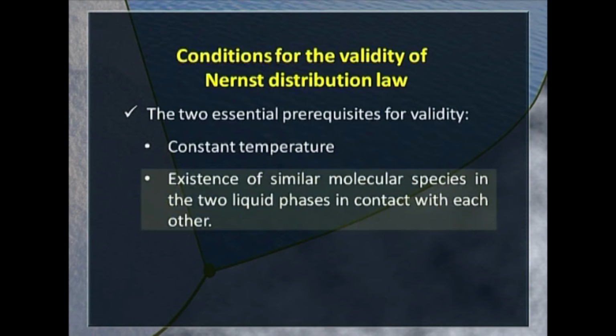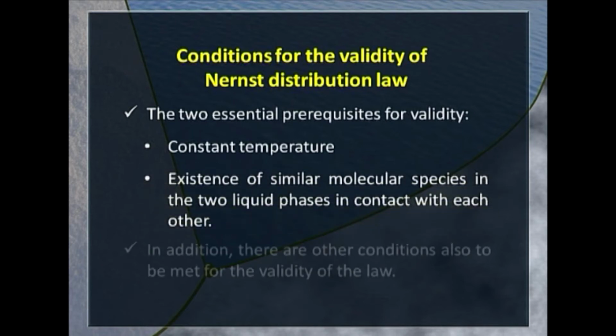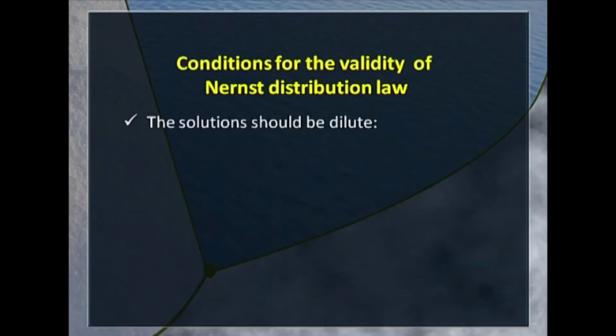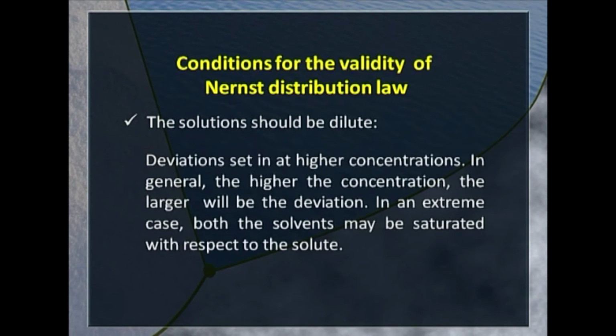Second condition is existence of similar molecular species in the two liquid phases in contact with each other. In addition, there are other conditions also to be met for the full validity of the law. It goes without saying that solution should be dilute. As the concentration increases, deviation from ideality sets in.